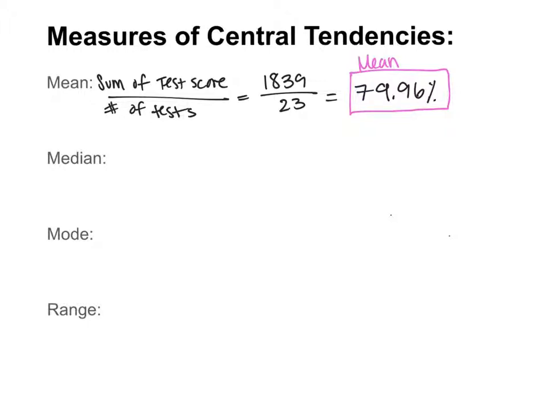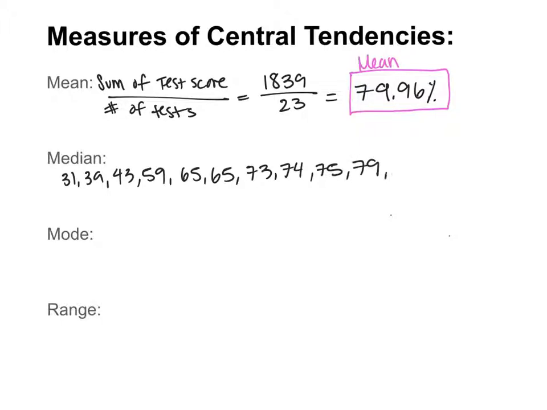Now for median, that's when you list out your data points, but they're in order. So I'm going to list them out. It's going to take a while. 39, 43, 59, 65 twice, 73, 74, 75, 79, 86, 88, 92, 93, 94, 94 again.